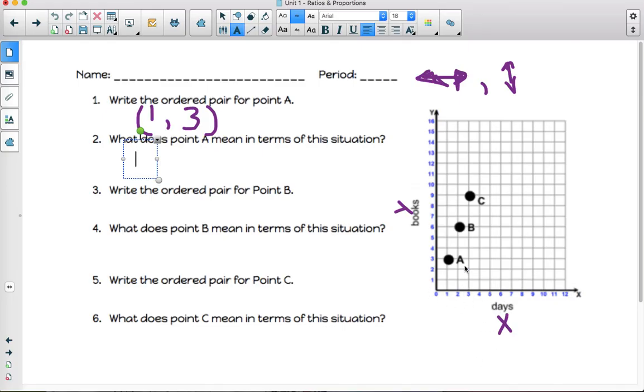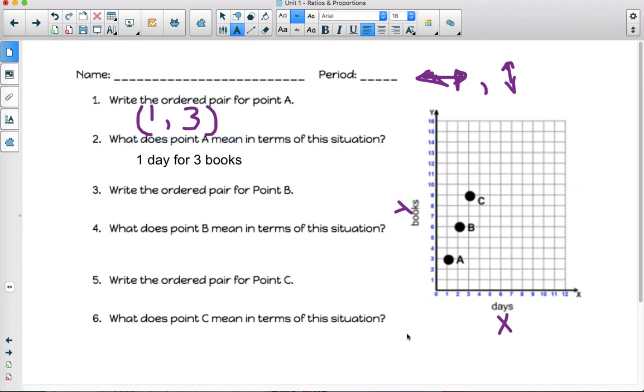That means the label for x is days. So in 1 day, and then it went up 3, and the label for that 3 is books. So in 1 day, we don't know if they're reading or writing or what they're doing. So we're going to say 1 day for 3 books.